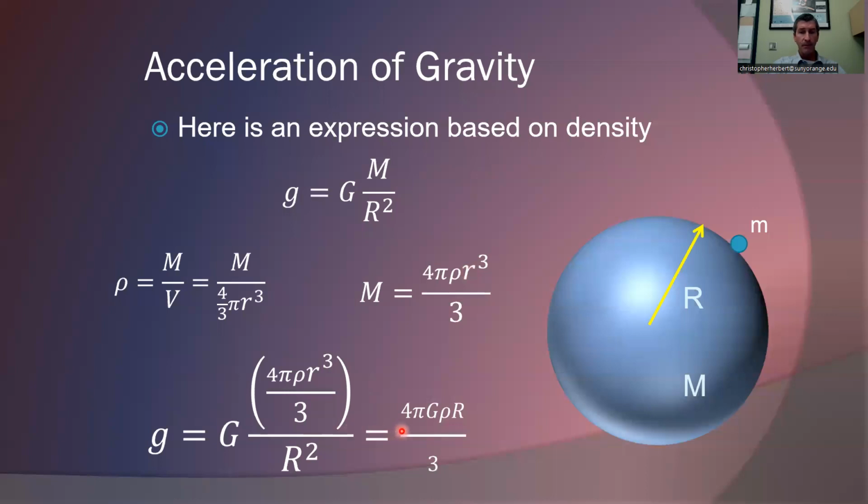We can see that the acceleration of gravity for a planet goes by 4 pi G over 3. These are all constants, times the density times the radius. So two things here. The acceleration at the surface of a planet will be greater for a denser planet and will be greater for a planet of larger radius.